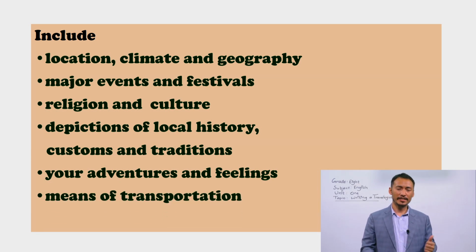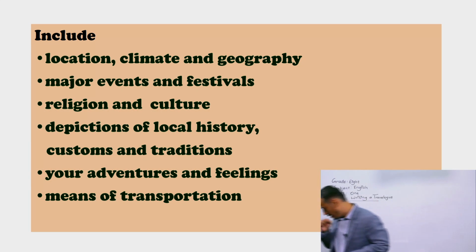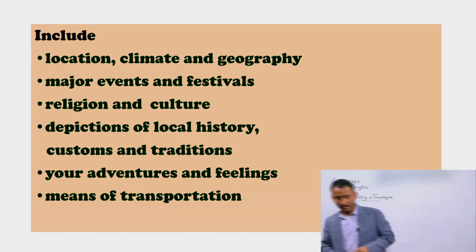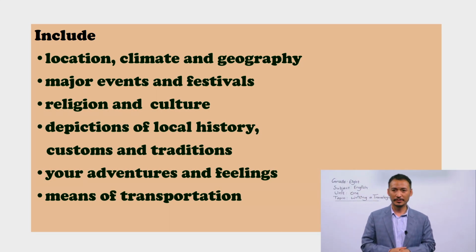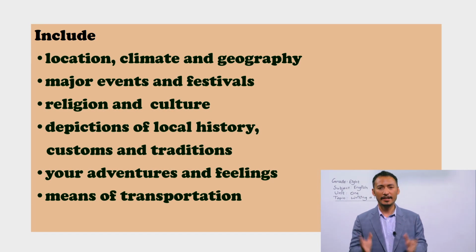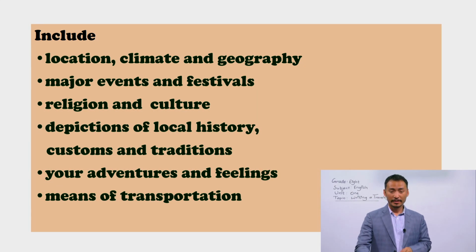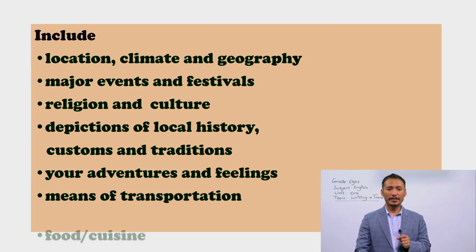Means of transportation. Okay, you can add the means of transportation there. So how you got there, how people can reach there, what alternative ways you can add in the travelogue.